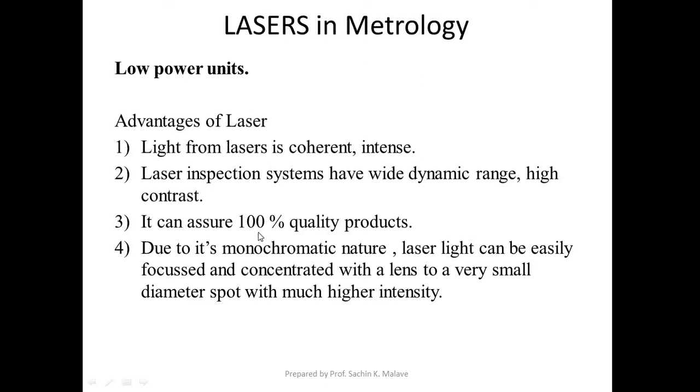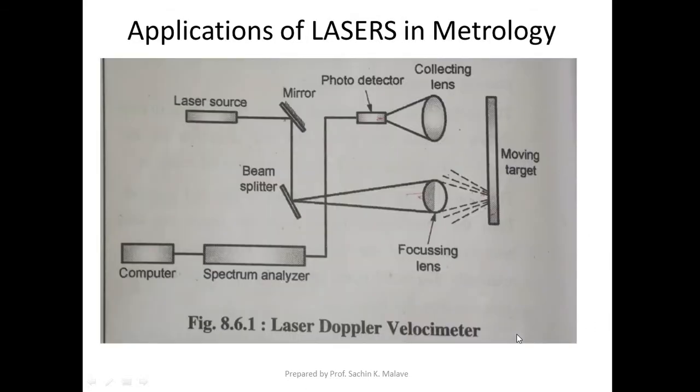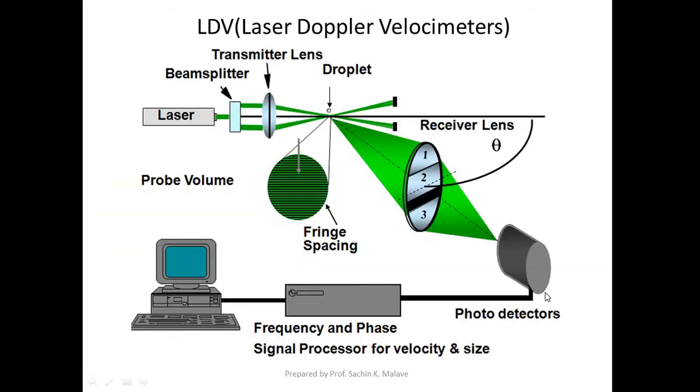In the last lecture, we saw the applications of lasers in metrology, the advantages of lasers, and some examples of applications in metrology, such as the laser Doppler velocimeter, which can be used to find the velocity of a moving component or the length of a particular object.